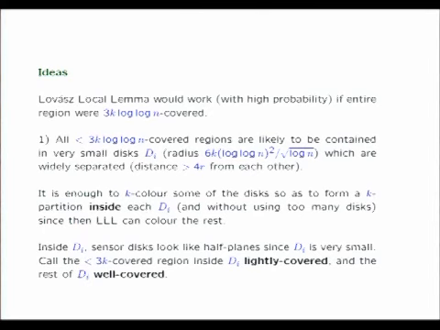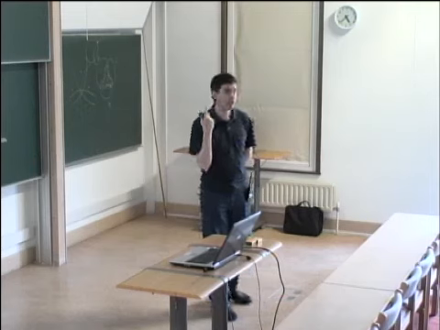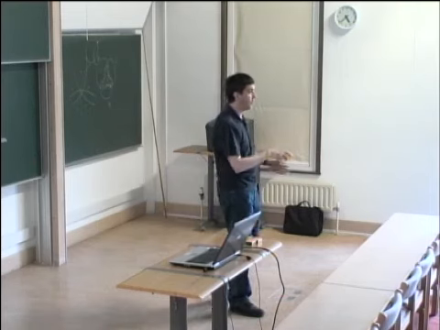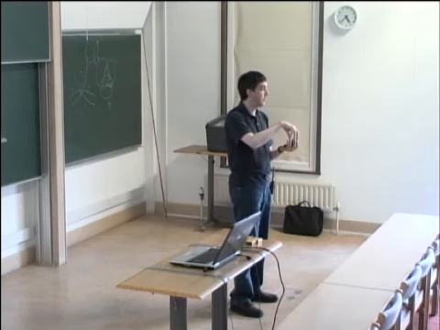I'm not sure how much of this detail I want to go into, but inside each disk, I'm going to look at the regions which are actually less than about 3K covered. I'll call those lightly covered. These are the really bad areas, the ones where it's getting very dodgy. Can we split these? And the rest of the disk I'll just call well covered. So typically we've got lightly covered, that's less than 3K.